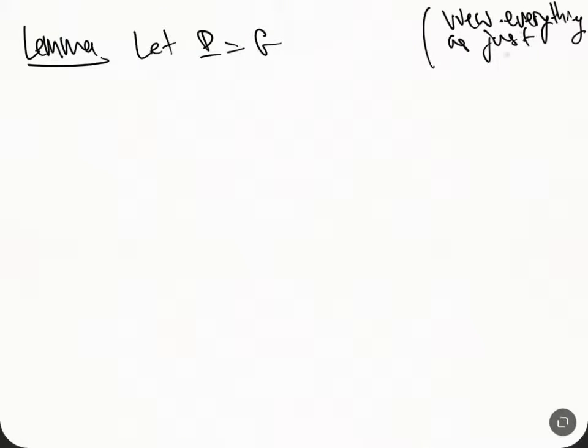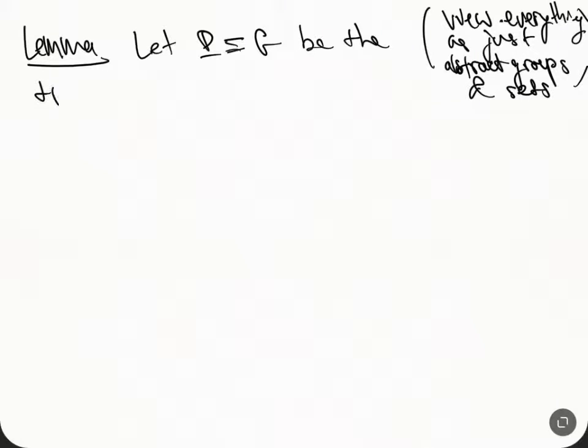So let P equal G. So this is a review of everything as just abstract groups and sets. I'm going to take P to be G, the trivial left G set. You take G, and we're going to view it as a set with a group action, where the group action is the stupid one.